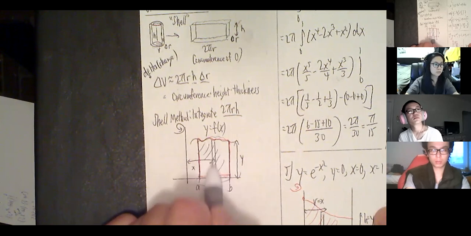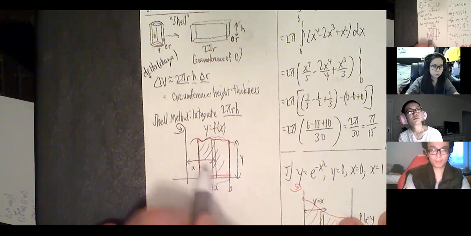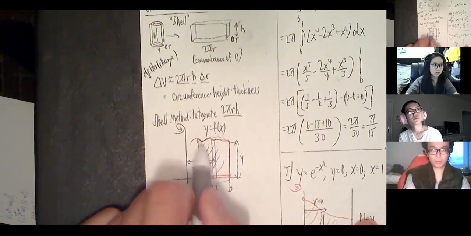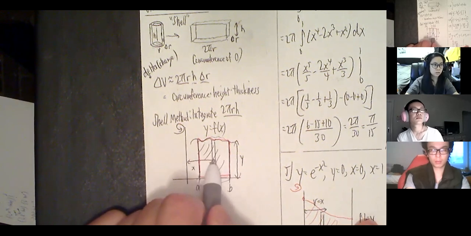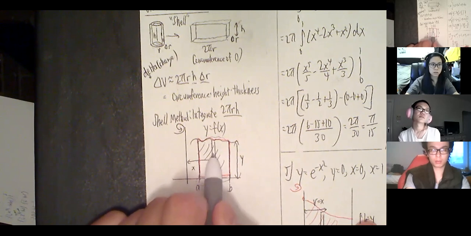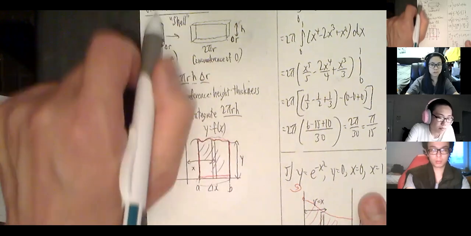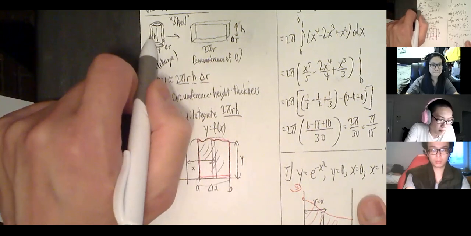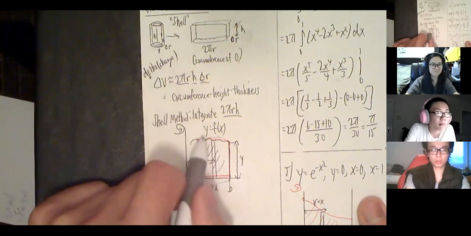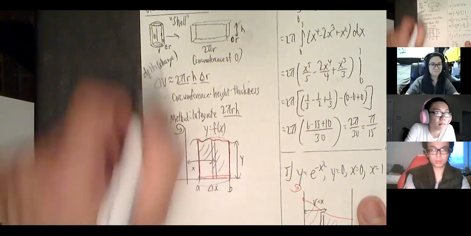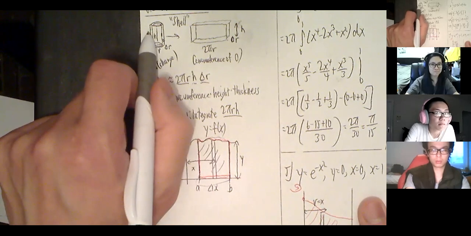If I take this one slice, and I know I'm leaving off a lot of stuff, but if I chop this up into a whole bunch of pieces, here's a representative chop. If I take this one piece and spin it about the y-axis, you basically get the outside of the can.